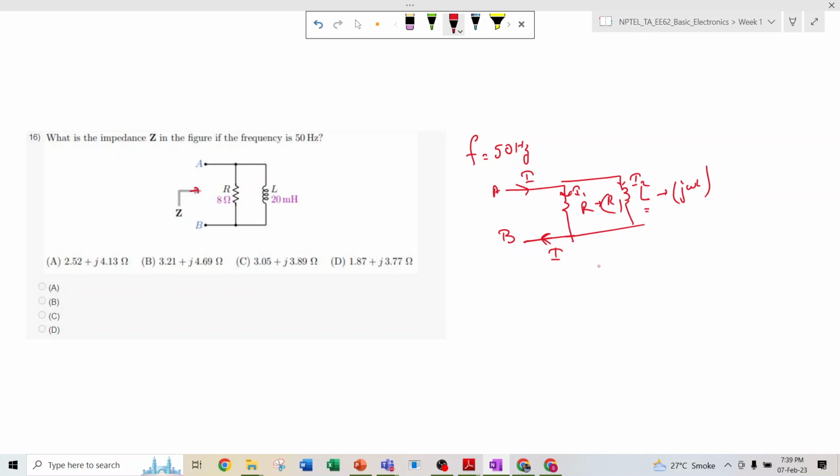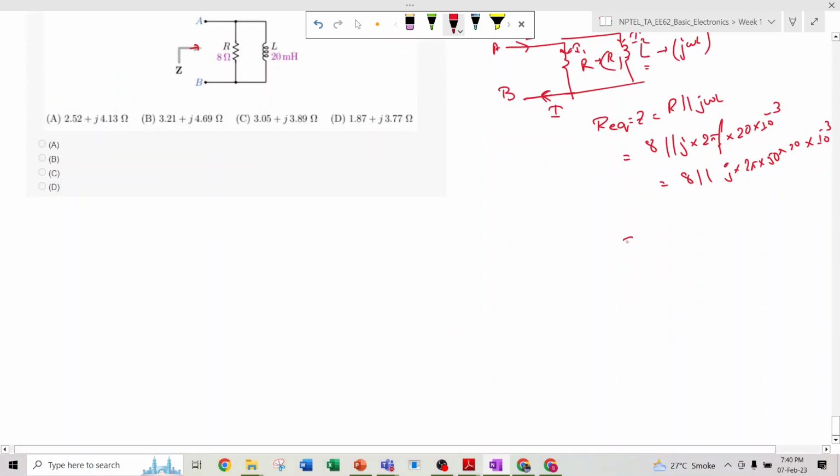So basically the equivalent impedance, which is nothing but Z, is equal to R parallel with j omega L. R is 8 ohm, so that is 8 parallel with j omega, meaning 2 pi into f into L. L means 20, so 8 parallel with j into 2 pi into 50 hertz into 20 into 10 to the power minus 3.